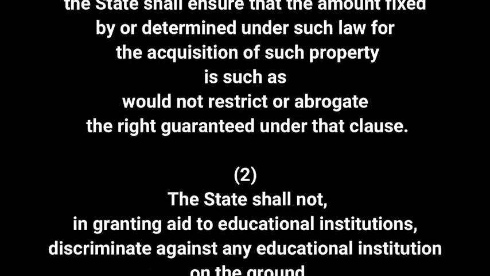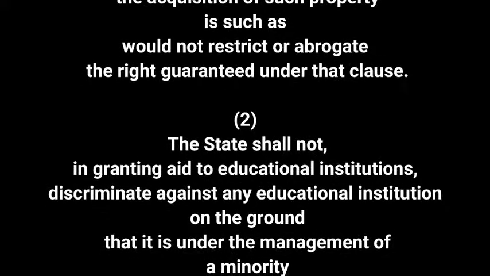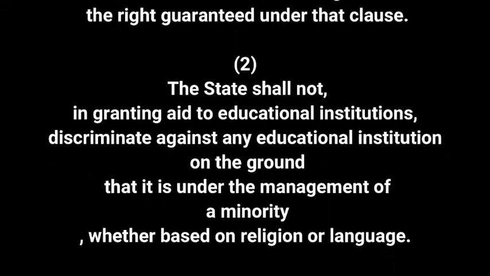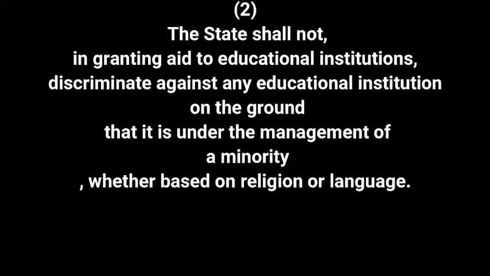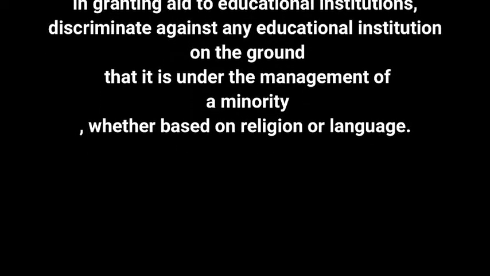The state shall not, in granting aid to educational institutions, discriminate against any educational institution on the ground that it is under the management of a minority, whether based on religion or language.